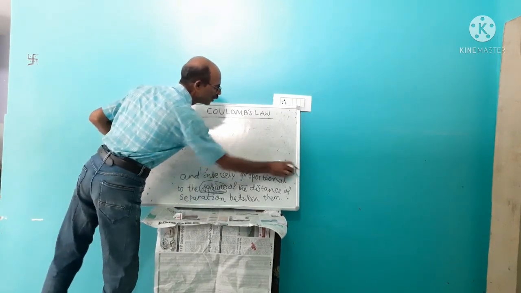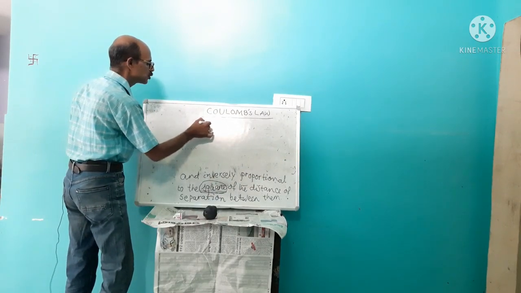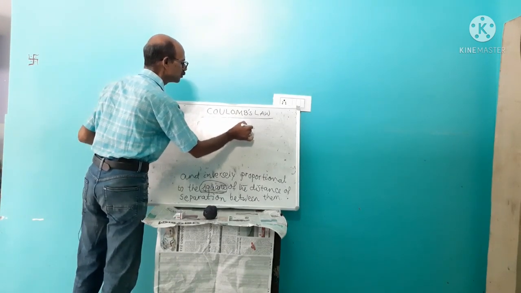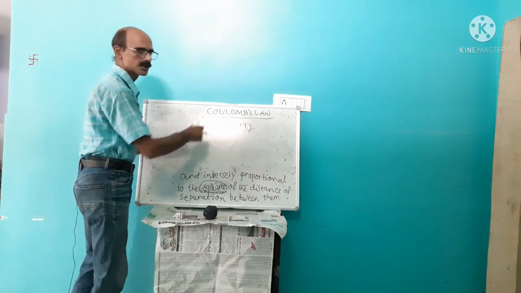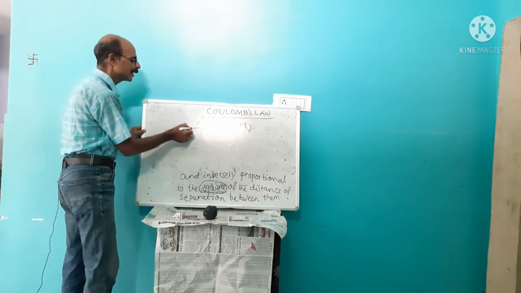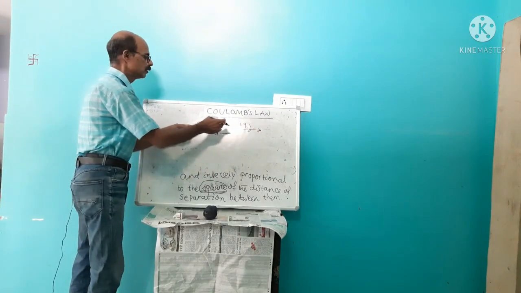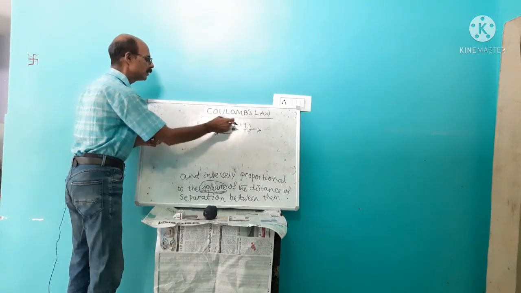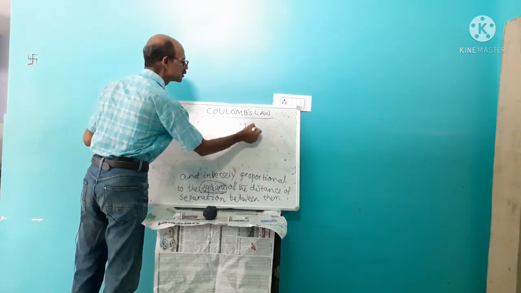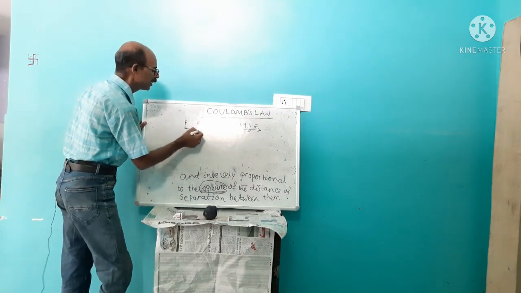Suppose its magnitude is plus q1, its magnitude is plus q2, both are positive, then since they are like charges, they will repel each other. A will push B away, B will push A away. So this is the force of interaction. Suppose this force is F, then this force is also F.